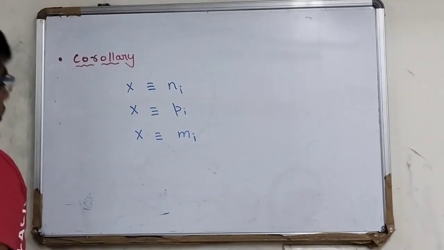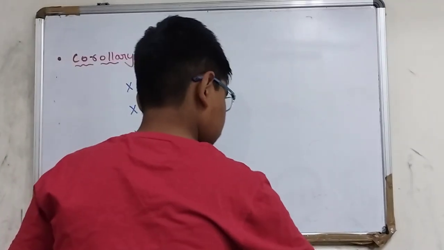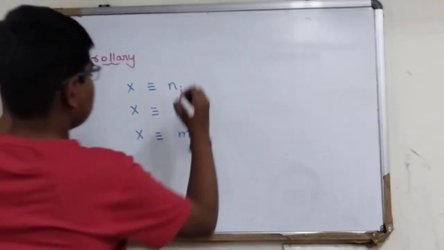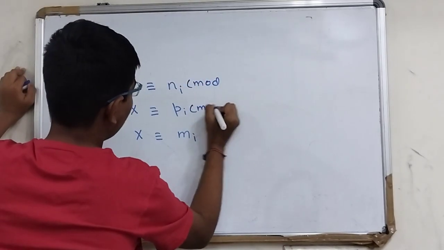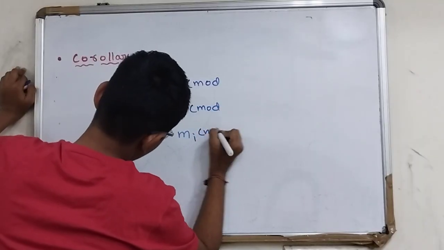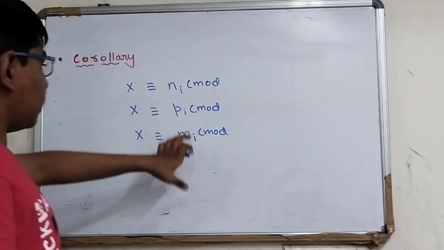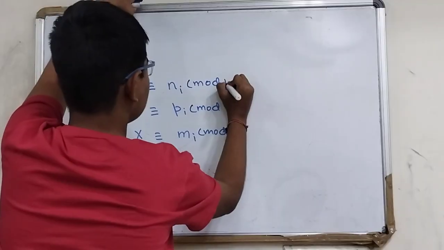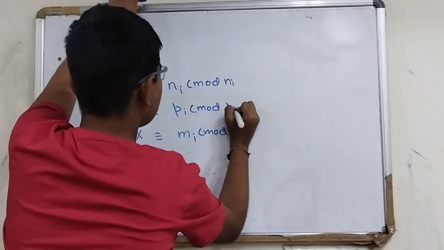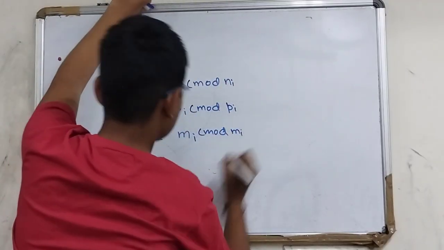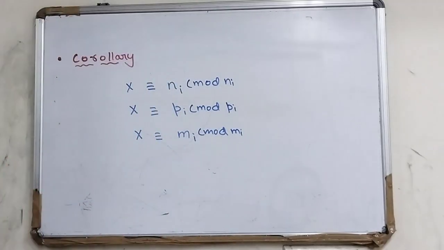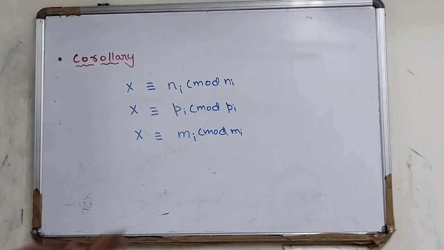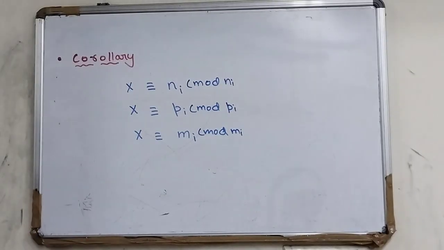Let us not take O because it won't look good. So it is an extension to the Chinese Remainder Theorem, but I think it is not much mentioned in textbooks. I have never seen such a corollary before. That's why I am proposing it.